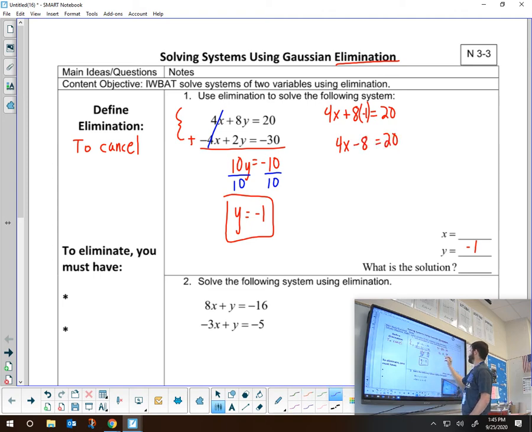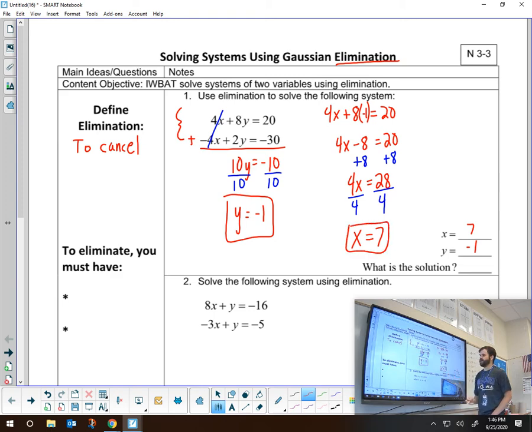To solve this then, we're going to add 8 to both sides. It's going to give me 4x equals 28. Divide both sides by 4. And x equals 7. So there we have my x value, we have my y value, we can plug them back in, we can check them, we know we got our answer. All right, so x equals 7, y equals negative 1, so what is the solution? My solution is going to be 7, negative 1, because remember that's a coordinate point on my graph.